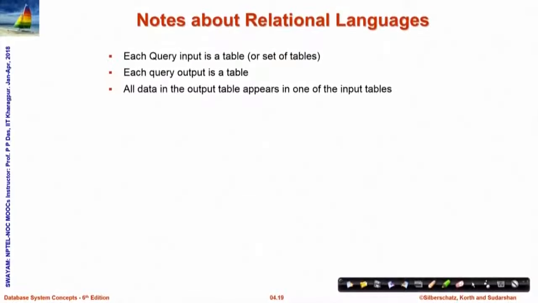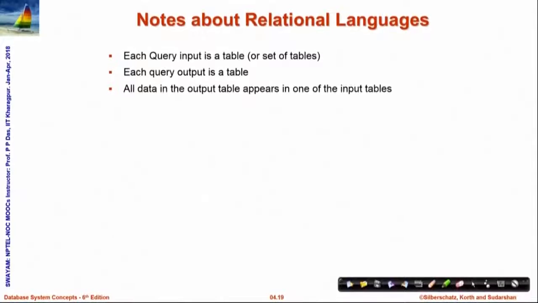It is basically selecting, combining data from different input tables. It does not generate new data. That is, if I see that an attribute for a particular row has a value 15, then there must be some input table where there is a record where in that field there is an attribute value 15, otherwise this cannot happen.